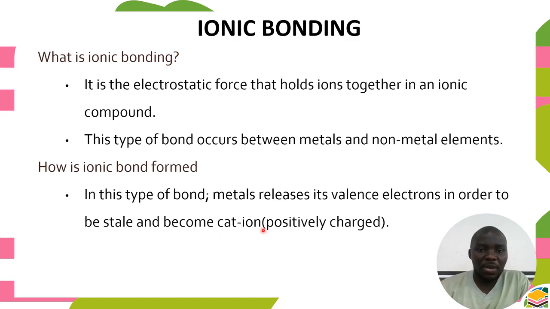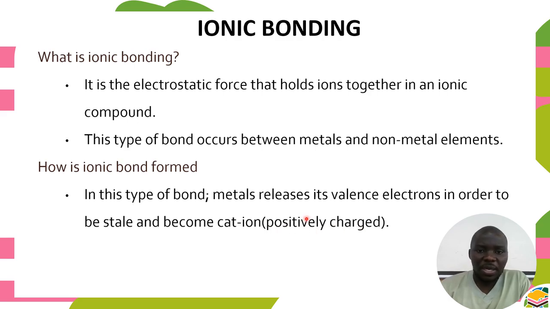We're not talking about cation, we are referring to positively charged. The other question is, why do they become positively charged? After losing the electrons, the number of protons and electrons is going to be different. A neutral atom has an equal number of electrons and protons.